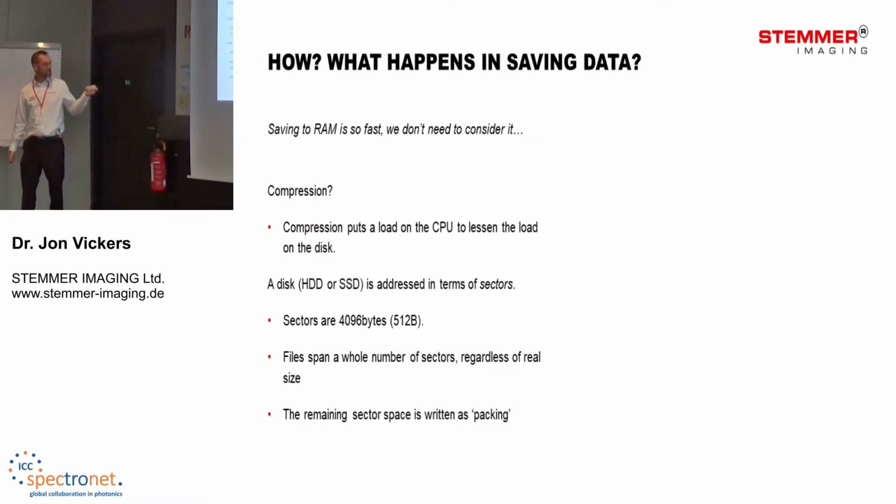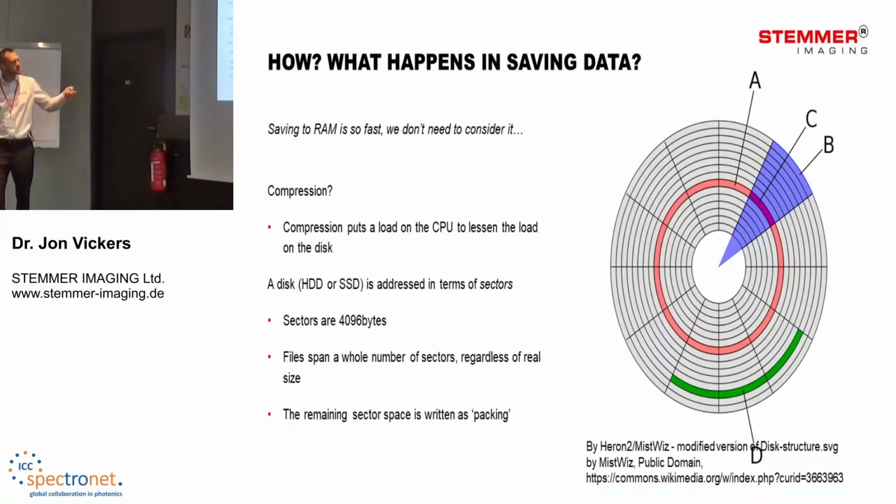Next thing, whatever kind of disk you have is addressed in terms of sectors. A sector would be like A here. It's the smallest addressable section of a disk. And since about 2011, a sector has been 4,096 bytes. That's standard.